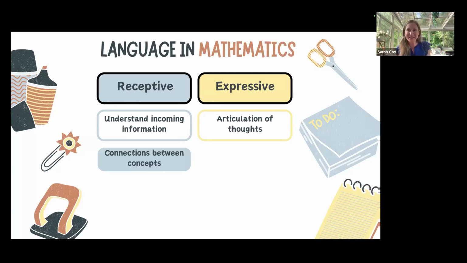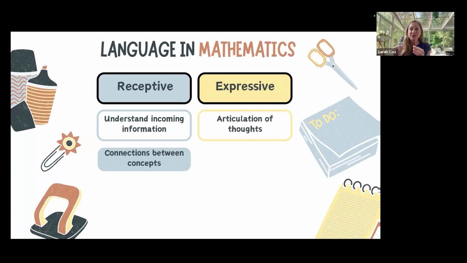So, what this specifically looks like in a classroom is as students are trying to make connections between concepts. For those of you who are familiar with the process standards of mathematics or the strands of mathematical proficiency, we talk a lot about how important it is for students to make connections between these concepts so that they are able to build those really strong connections and draw from prior math knowledge to support the new thing that they are learning.